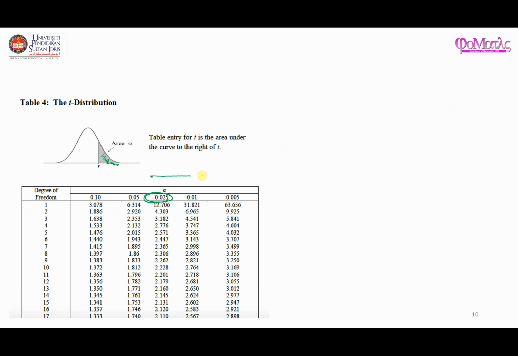If you refer to the t-distribution table with alpha 0.025, the area to the right side here is 0.025, and the other one here is also 0.025. Since the right area is 0.025, this is what you refer to. Degrees of freedom is 4, and so the critical value at this point is 2.776.